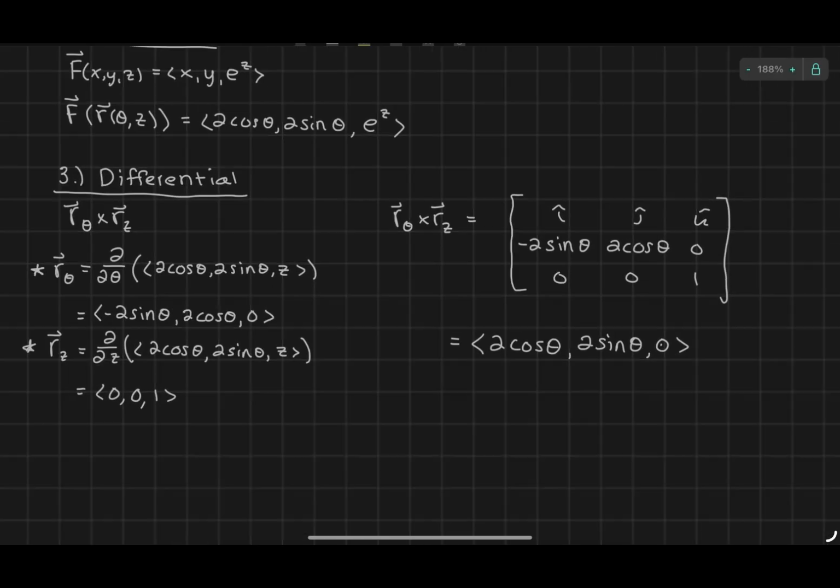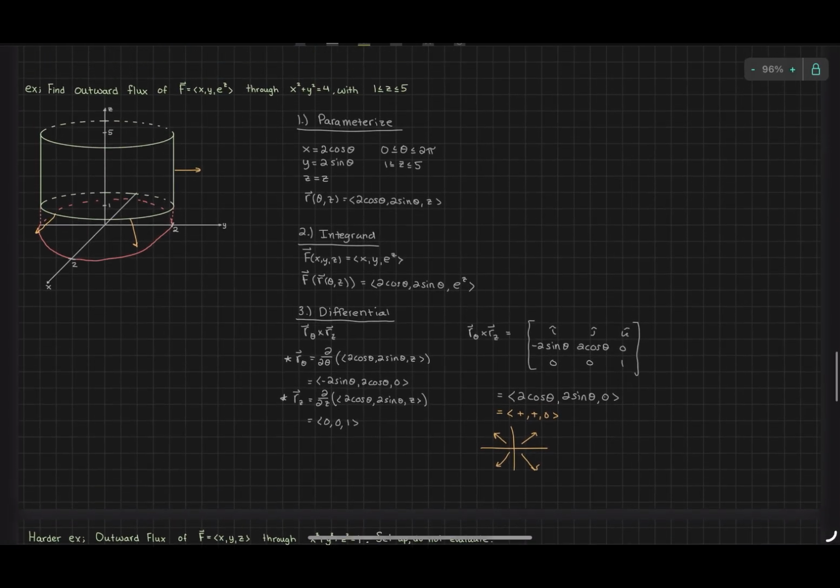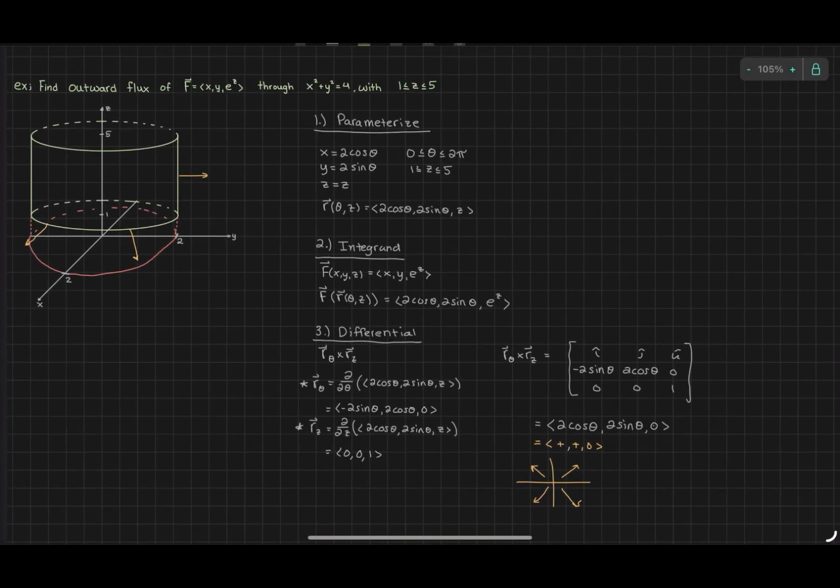So really, we're just going to have a positive, positive, 0, meaning in an xy plane, we're going to be looking like this pretty much everywhere. So it is going to be radial. Drawing that vector field two-dimensionally, we can visualize that the outward flux actually conforms to our differential, meaning our differential is oriented properly.